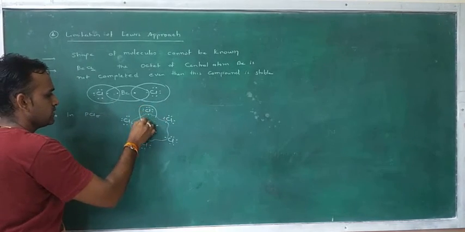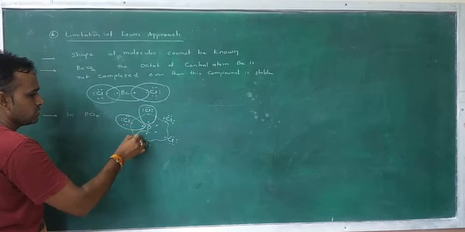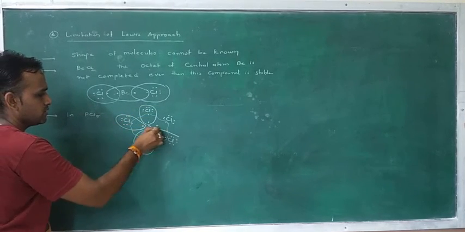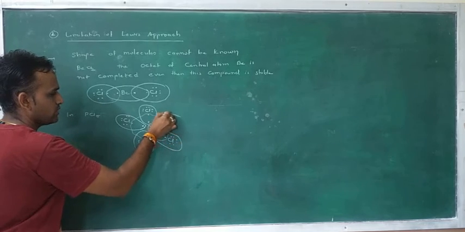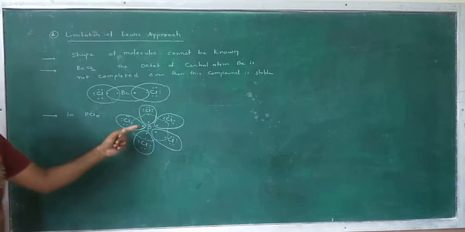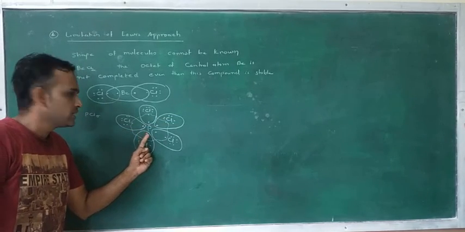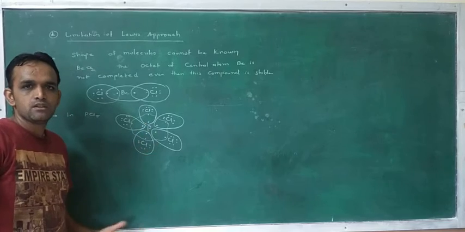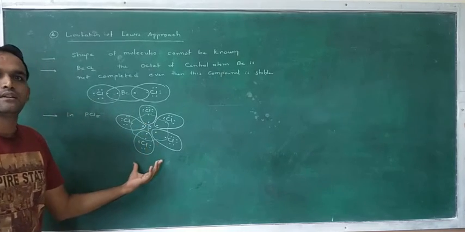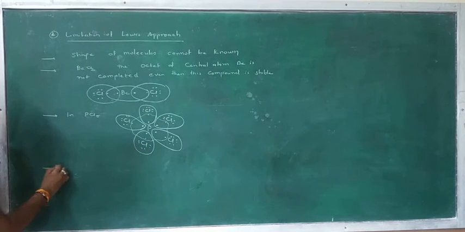This will complete the octet state for each chlorine. Understand? But the central atom, phosphorus, will have how many electrons? 10, 5 plus 5. So its octet is exceeded, and still we can say it is stable. So this is the limitation of the Lewis approach.